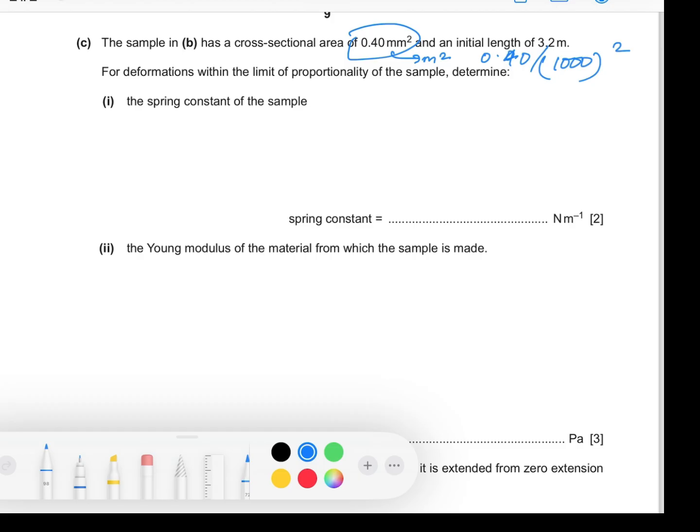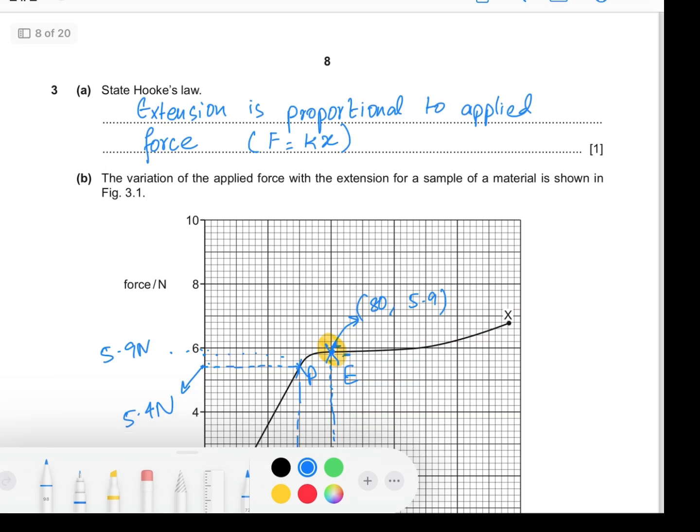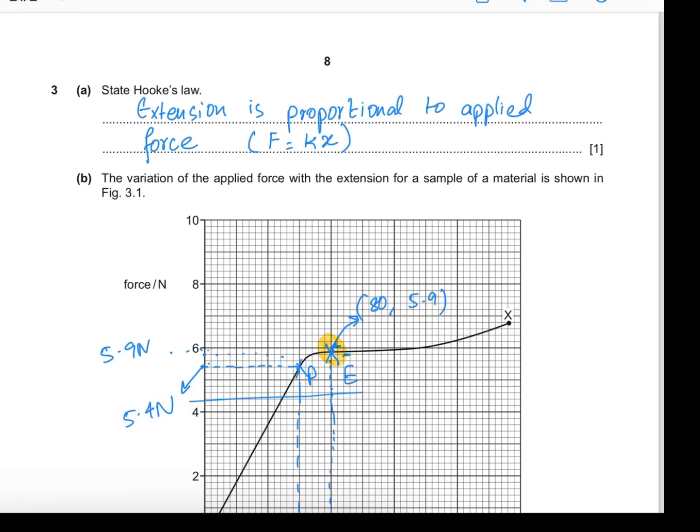And the sample has an initial length of 3.2 meter. For deformations within the limit of proportionality of the sample, determine the spring constant. The spring constant is equal to the applied force divided by the extension, or the gradient of a force extension graph until the limit of proportionality.